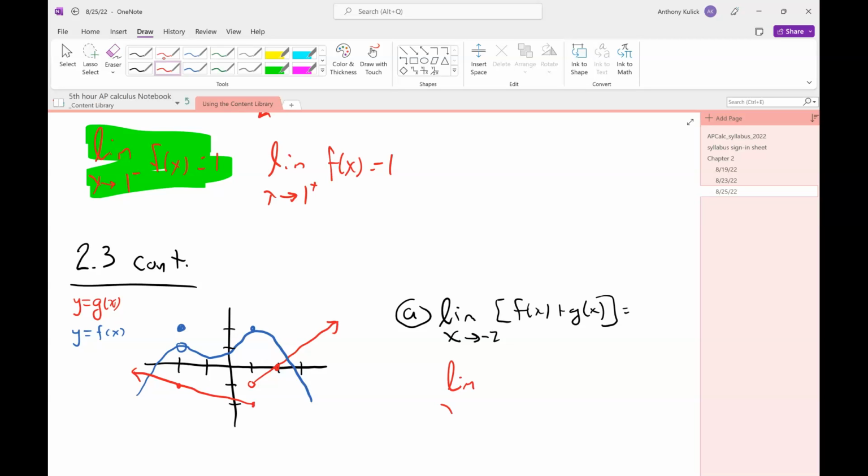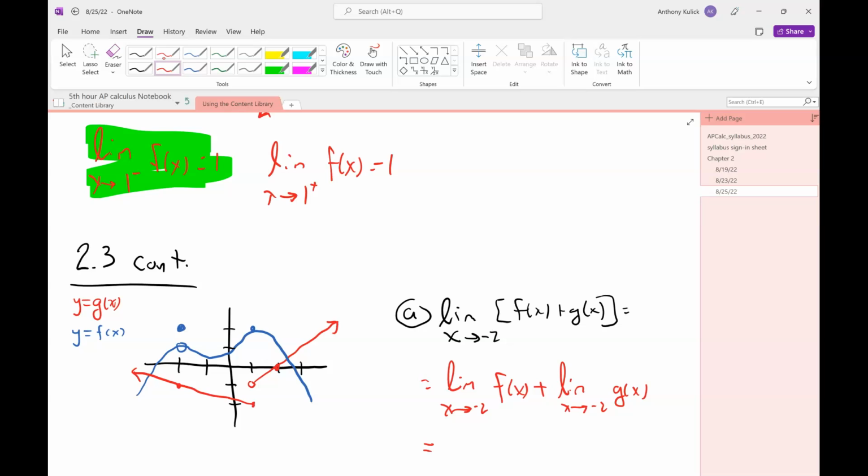I can use my limit laws to think about this just as the limit as x approaches -2 of f of x plus the limit as x approaches -2 of g of x. Everybody cool with that? Okay. And now all I have to do is go to the graph to evaluate.